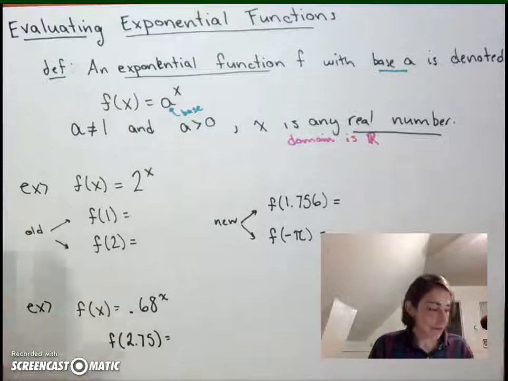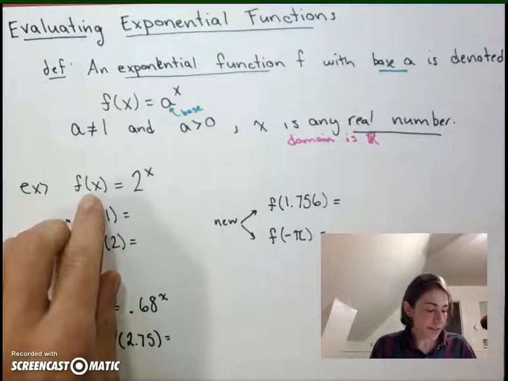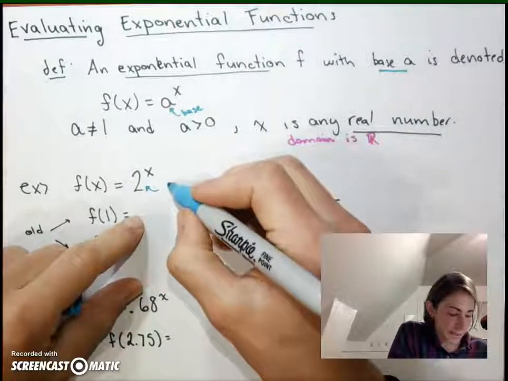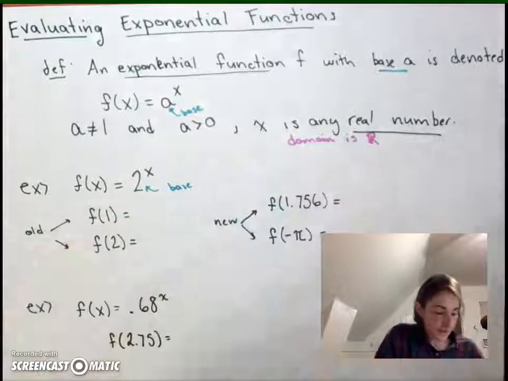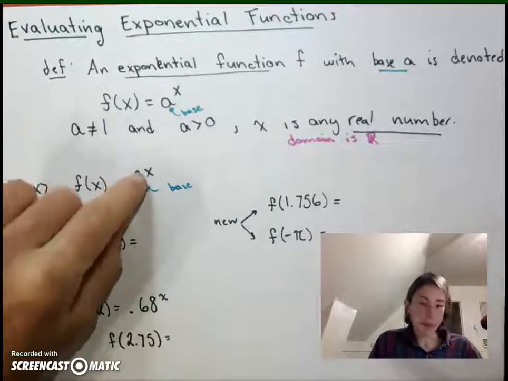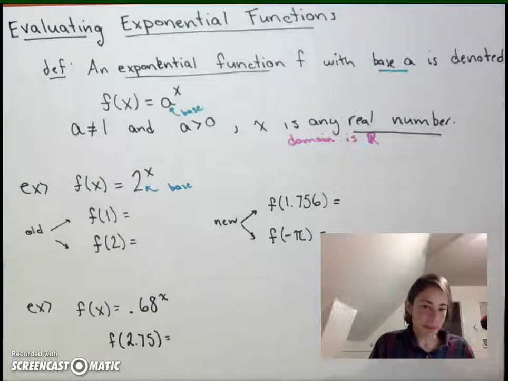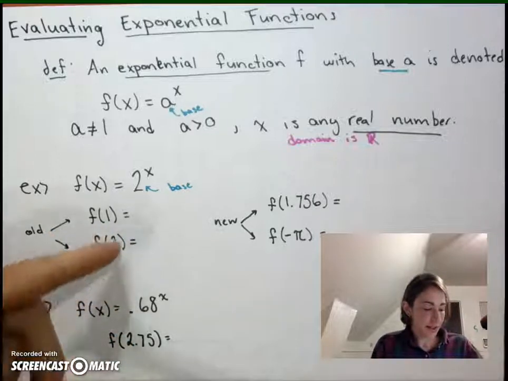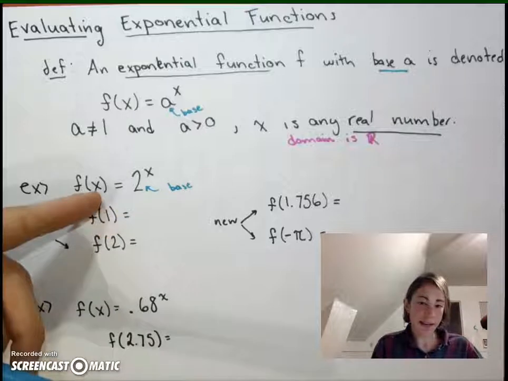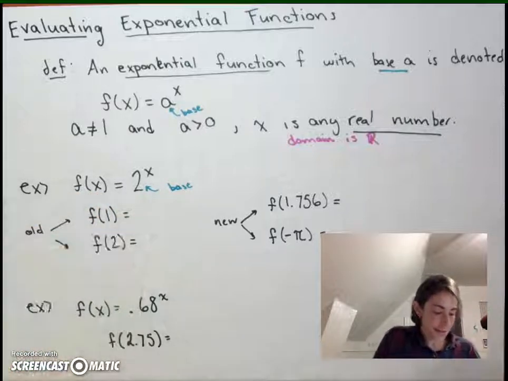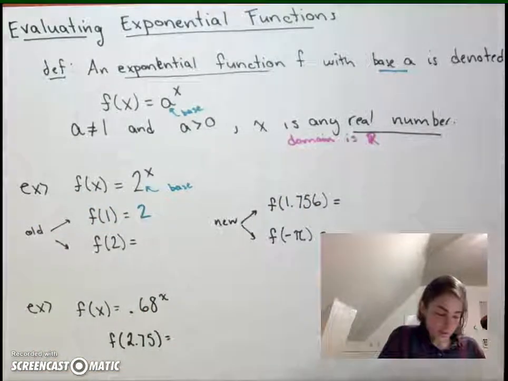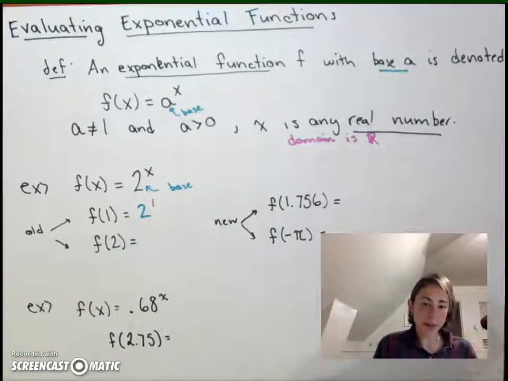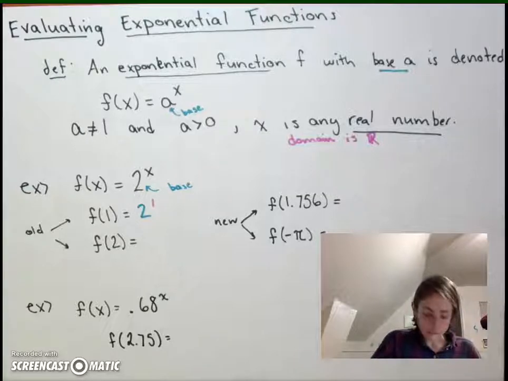So here's an example. If my function is f of x equals 2 to the x, then 2 is the base, and I'm going to be plugging values in for x in that exponent. So what you've seen before is evaluating this type of function when x is an integer. If we try to do f of 1, plug in 1, what do we get?